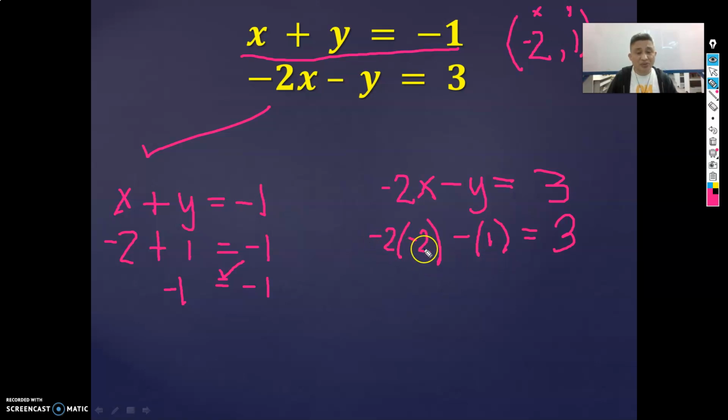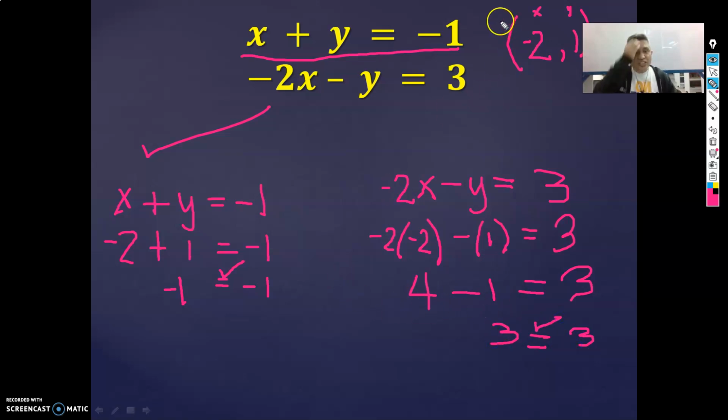Okay, so negative 2, negative 2. So negative 2 times negative 2, that is positive 4. Tapos may minus dito. Minus times positive 1 is negative 1. Equals 3. Okay, 4 minus 1 is 3. So, equal siya. So, therefore, ang ating given na solution na nasolve natin kanina is correct.